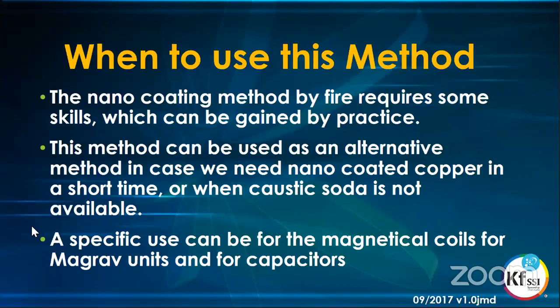We use it when we have no time for a process which takes several weeks, like the caustic immersion method. When you have a very short time, like you are in a disaster area and you need to quickly make some nanocoated copper because you want to purify some water, or you need to make some gases.